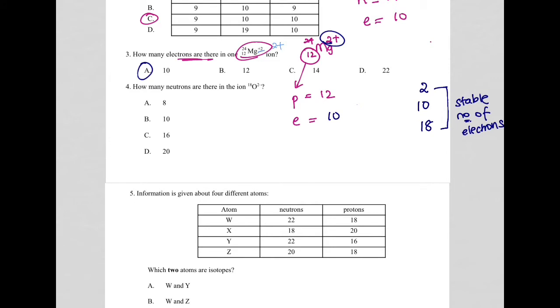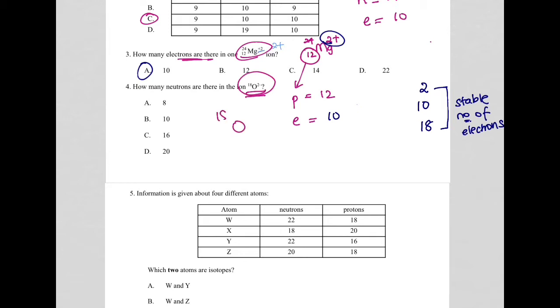Then number 4, how many neutrons are there in O2 minus? So whenever you have these kinds of questions, how many protons, how many neutrons, how many electrons, you always list down the protons, neutrons, and electrons so that you avoid any mistakes. So oxygen, you have to look in the periodic table.